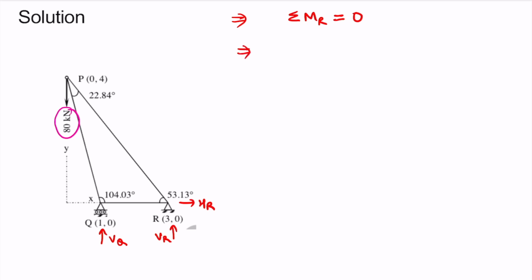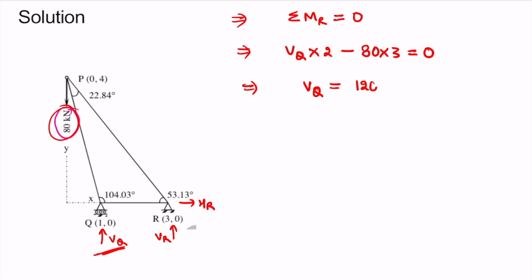When we take the moment about point R, the forces are VQ multiplied by the distance QR, which is 2, and there is another force which is 80, but it is in opposite direction to this VQ, so it will be 80 multiplied by 3, and no other force is there, and then equal to 0. Okay, from here we will get the value of VQ as 120 kN.